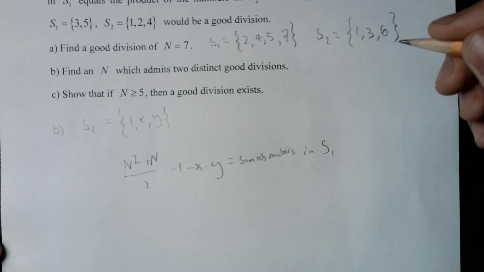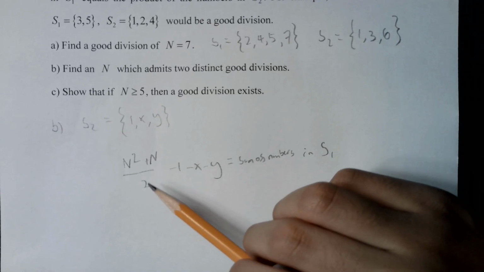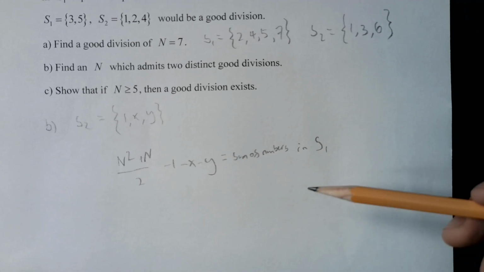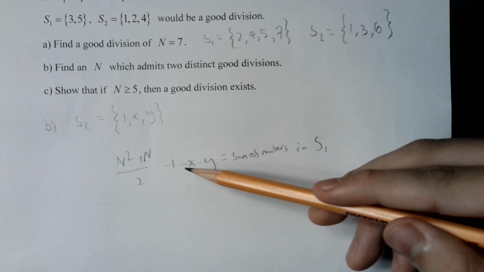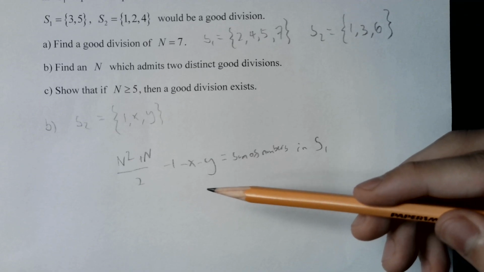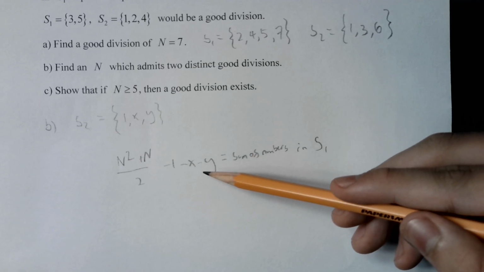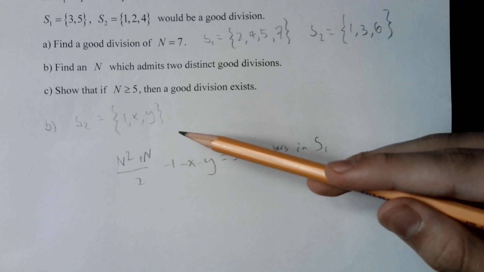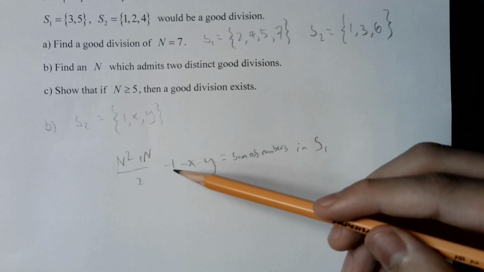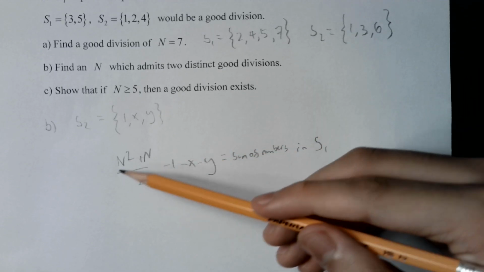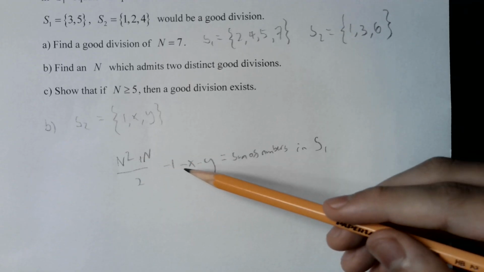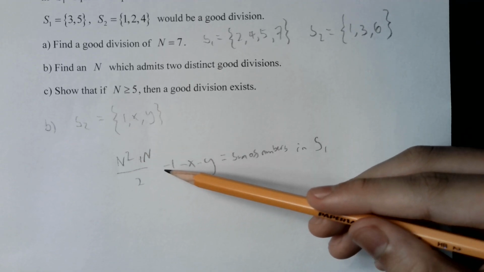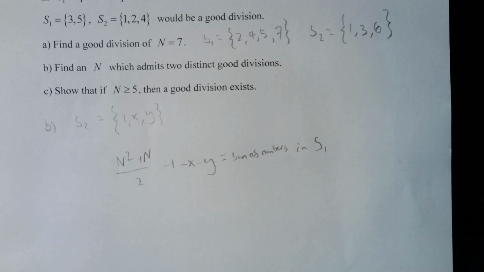Okay, let me explain where we get this from. You can see here that (n squared plus n) divided by 2 is just going to be the sum of all the numbers from 1 to n. And what is the minus 1 minus x minus y here, you may be asking? Well, this is all of the terms in S2 that I just said. For example, let's have S2 have these three terms in it. Well, we can see here that the remaining terms, right? So this is every single term, and we know that 1, x, and y are in here. So by removing these, we're just left with the sum of the numbers in S1.